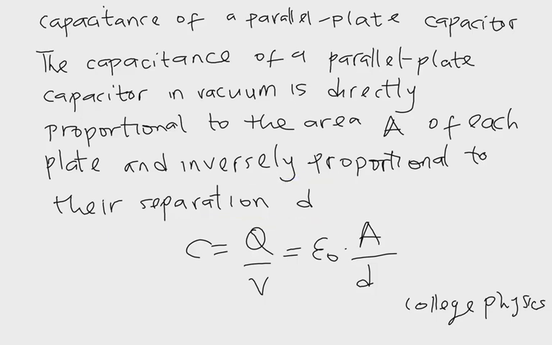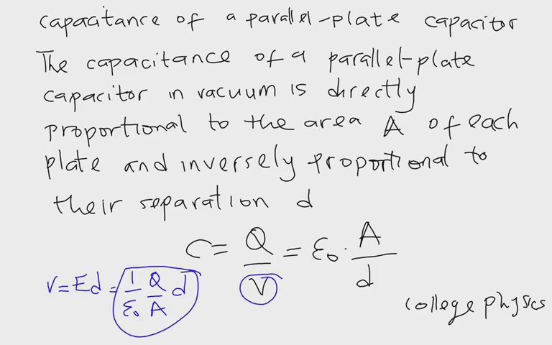Now look at the relationship. C is equal to Q over V, which has been described before. And then you know that V is this, which is Q D over epsilon naught A. Now, if you bring this value here, let's see what we have.